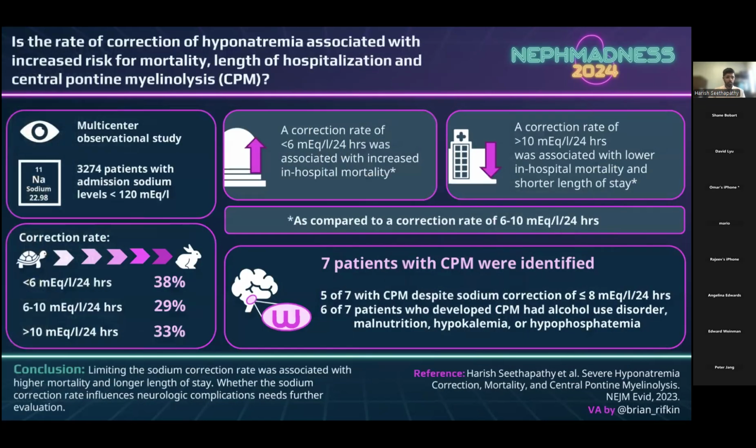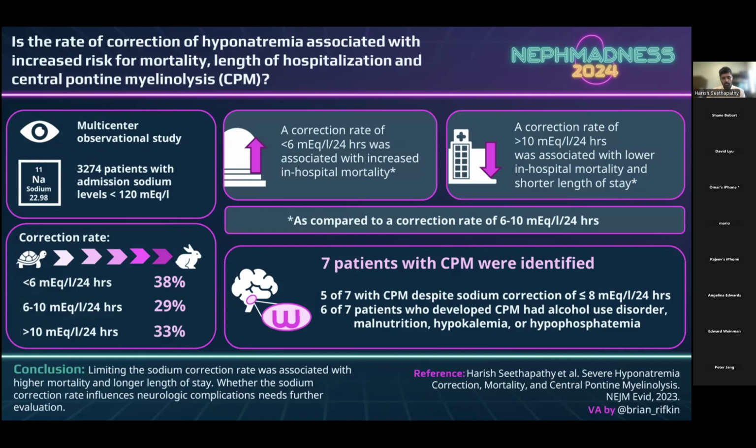The second study was from our own hospitals, the MGH and the Brigham, where we looked at around 3,200 patients with severe hyponatremia. This is all sodium of less than 120, which was described as the highest risk in all the guidelines in terms of correcting fast and ending up with ODS. We divided it into 3 groups because if you compare the US and Europe, most people were correcting between 6 and 10.